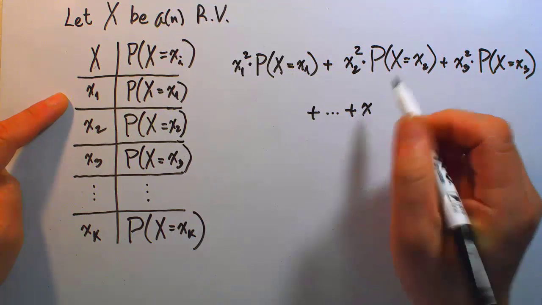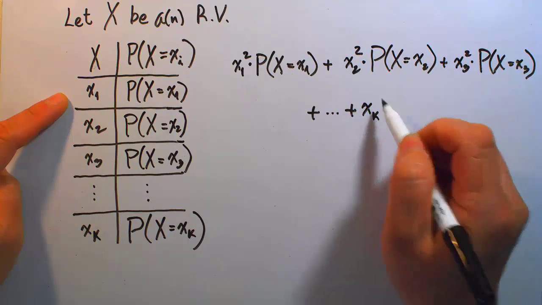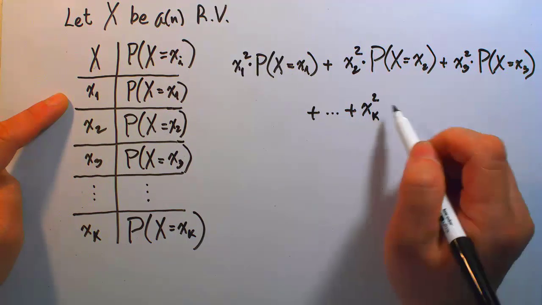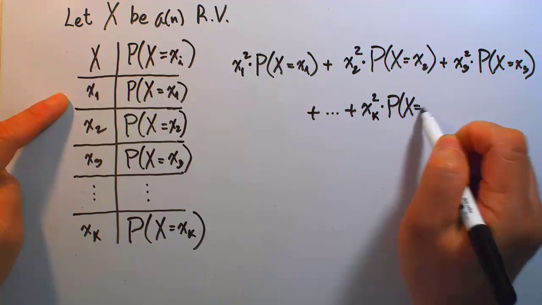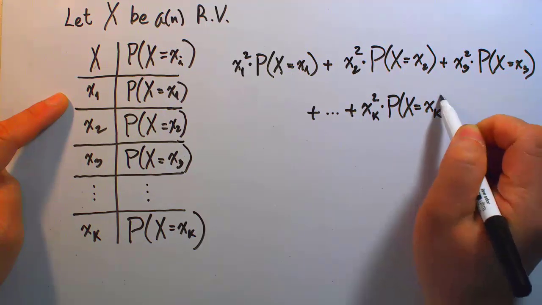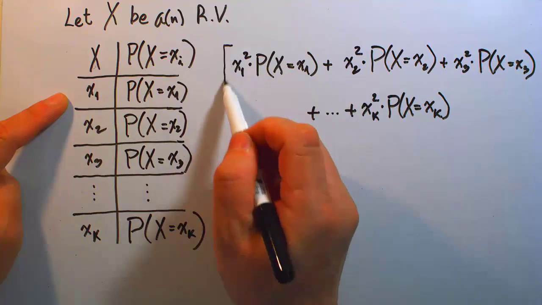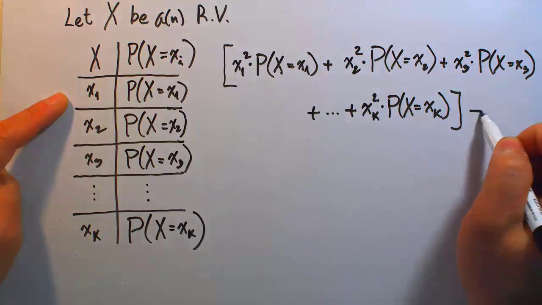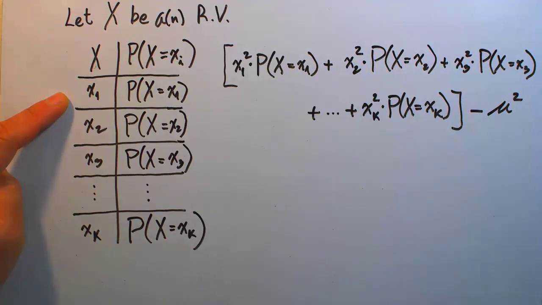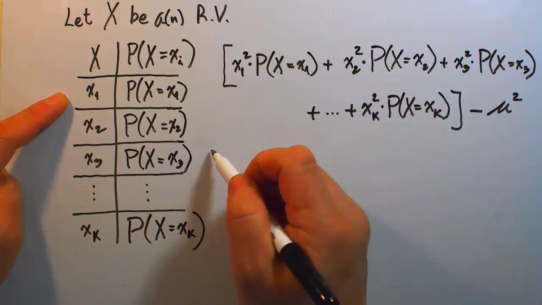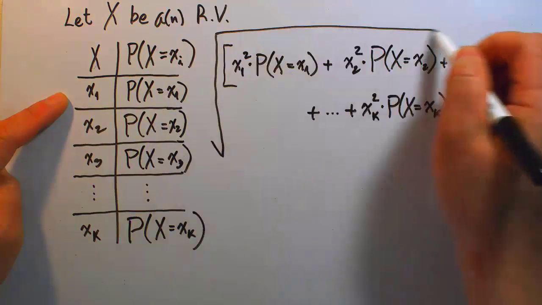So here it's xk, the kth value being squared, multiplied with the probability when the random variable X equals xk. And once we are done adding up, we are going to subtract one time the square of the mean value. And after the subtraction, we are going to take an overall square root inside of that.